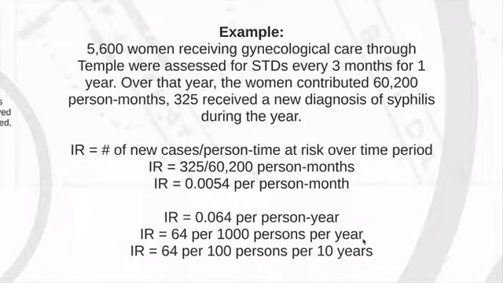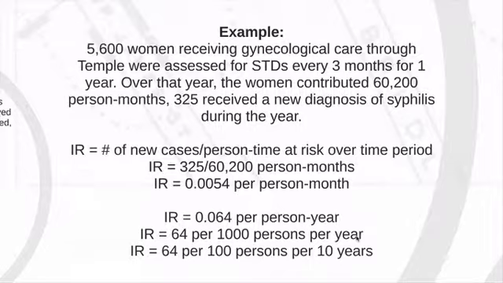We can also unpack that a little further to get to a point where it's something that people understand. So we can multiply this by 1,000 and end up with 64 cases of syphilis per 1,000 persons per year. That's actually understandable, right? So over a 1-year period, for every 1,000 persons, we ended up with 64 cases of syphilis.